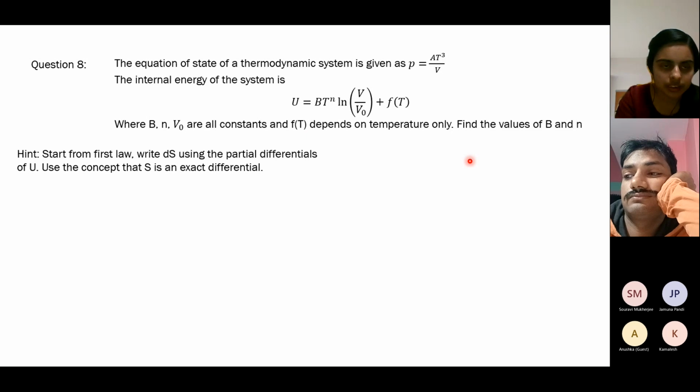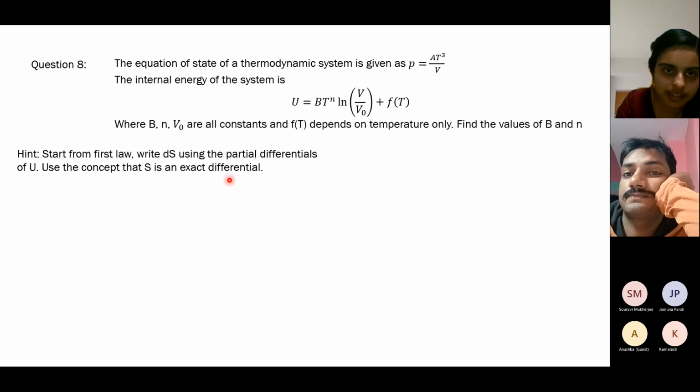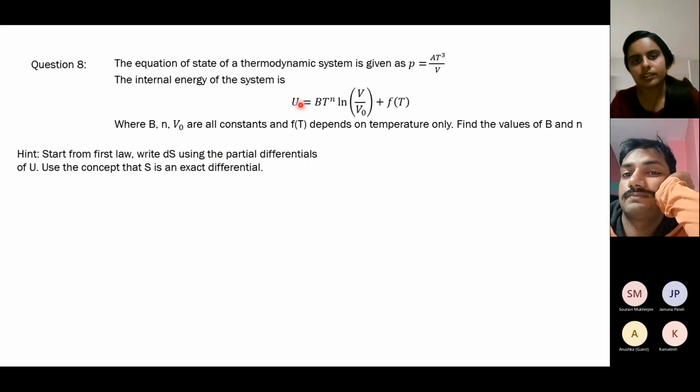The hint is we have to start with the first law, and then write dS in terms of the different partial differentials of U, because U is what is given to us. Then we use the concept that S is an exact differential. Working on these lines, can you try solving the question? I'll give you some time. You can try solving and then we'll discuss the solution.